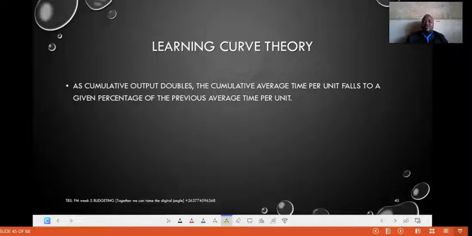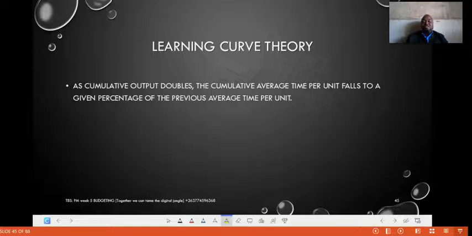At the bottom of the learning curve theory, we should know that as the cumulative output doubles, the cumulative average time per unit falls to a given percentage of the previous average time per unit. The assumption underlying the theory is that as manual labor is exposed to similar processes over time, their efficiency is going to improve.